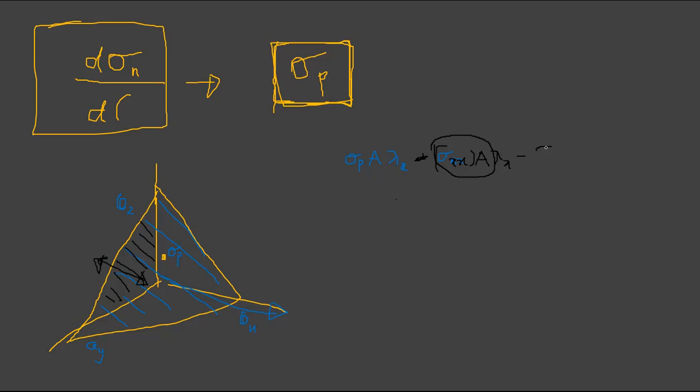we can write tau y a into lambda y. So that's in y plane, right? So you really don't need this approach. So this is how we resolve for that sigma p, right?